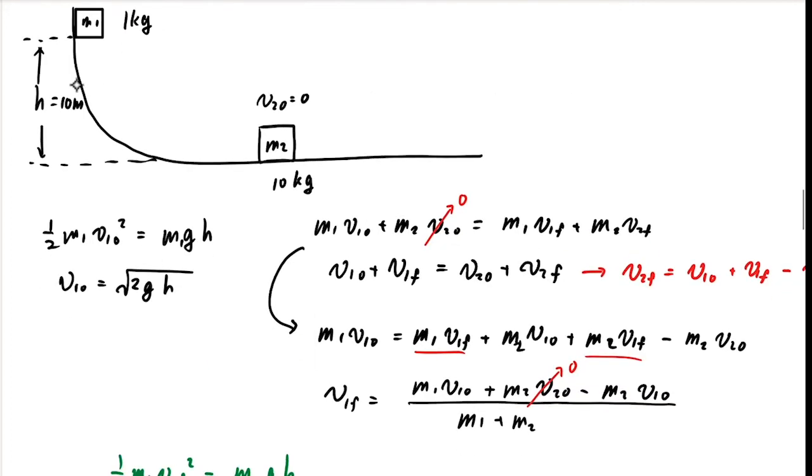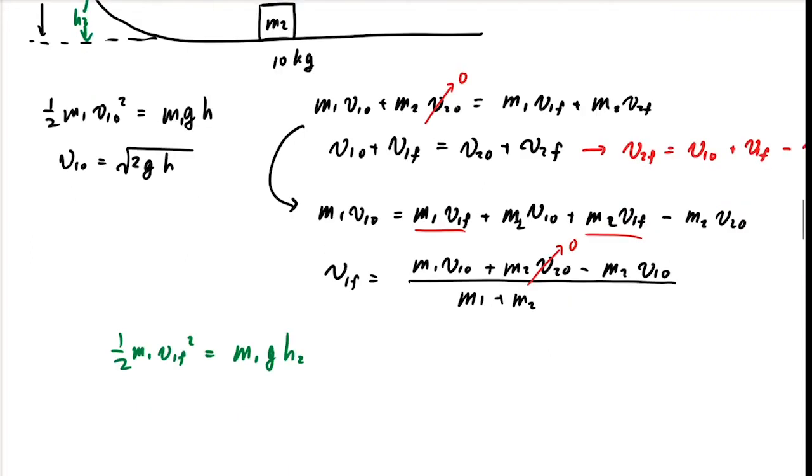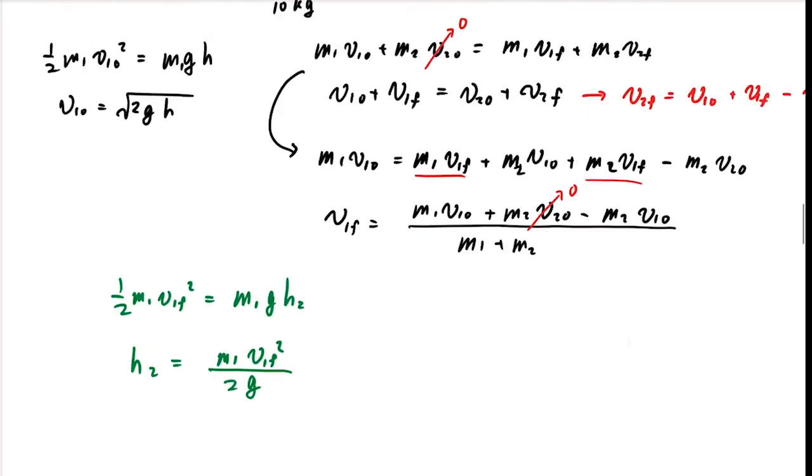The M's once again cancel out, so H2 is equal to V1 final squared divided by 2g.